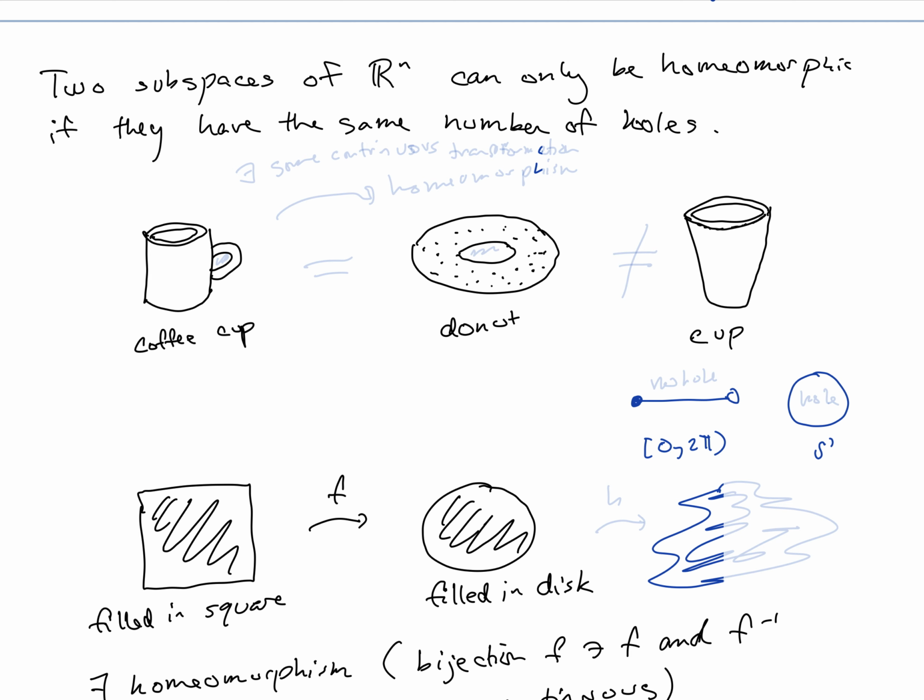a topologist is someone who cannot tell a donut from a coffee cup, that there exists some continuous transformation, and what we really mean by that is a homeomorphism, that turns that coffee cup into a donut.